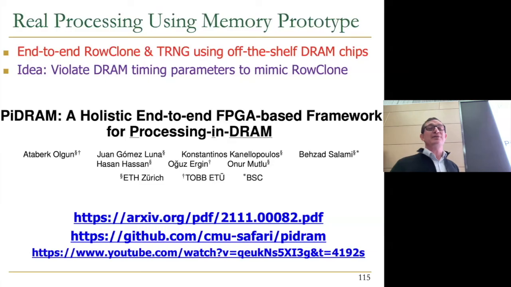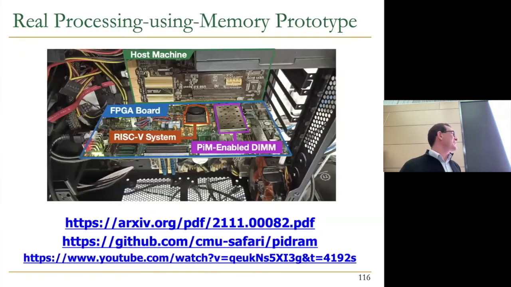And we built this end-to-end framework, which looks like this. It's essentially an FPGA. In this FPGA, you have a RISC-V processor, a very simple one. And we change the operating system and the compilation flow, etc., such that whenever you have a page copy, that page copy is allocated to the same subarray. Well, not all page copies, but whenever you can do it.